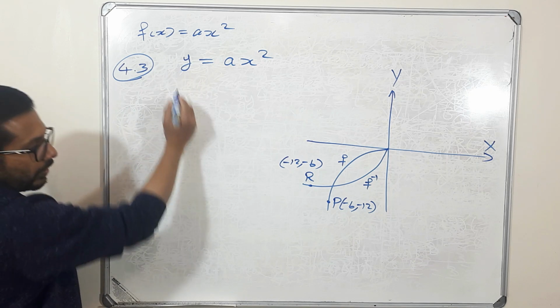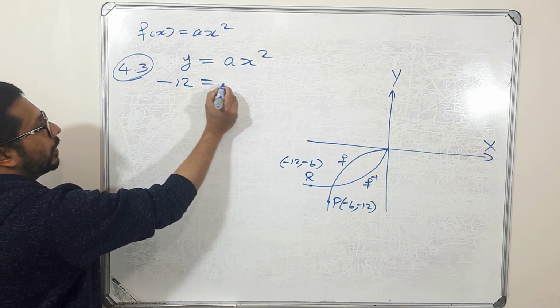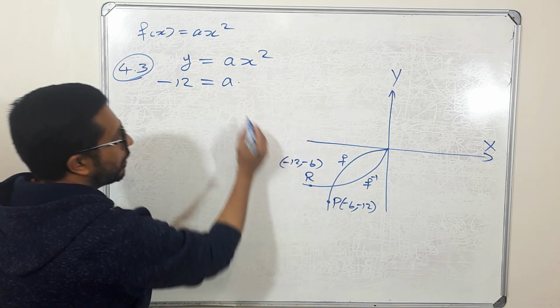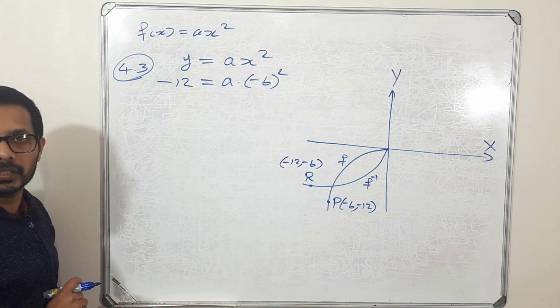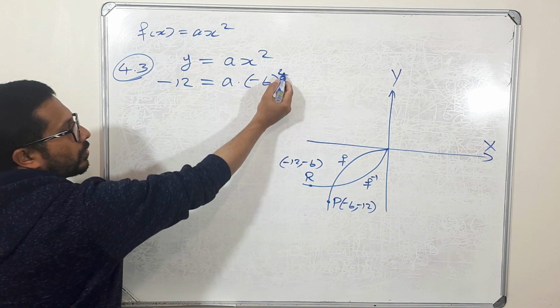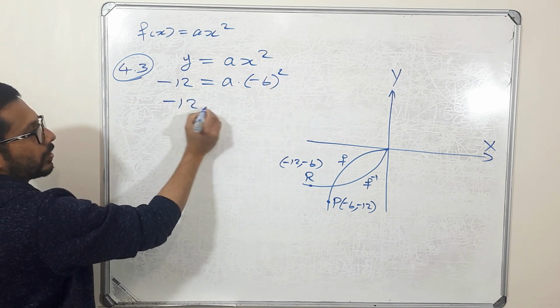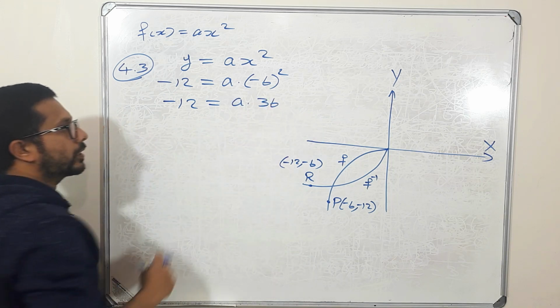y is equal to, what is our y? -12. So -12 is equal to a into x square. What is x? -6 square. Is it fine? So what is -6 square? 36. Okay, so -12 is equal to a into 36.